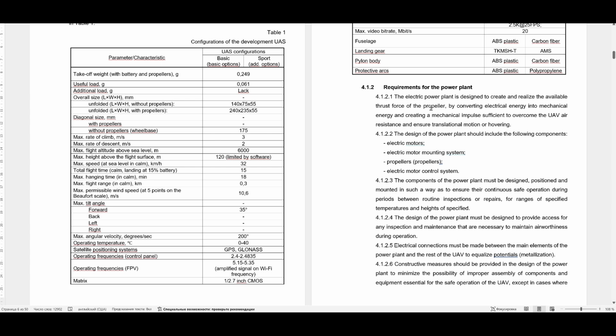To fill subsection 4.1.2 of the technical assignment, named requirements of the power plant, from the above supporting documents we use airworthiness standards for unmanned aircraft systems with an unmanned aircraft helicopter with maximum takeoff weight up to 750 kilograms, as well as value analysis and value design analytics.